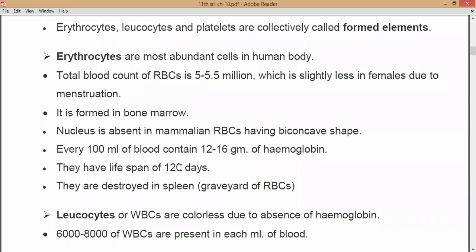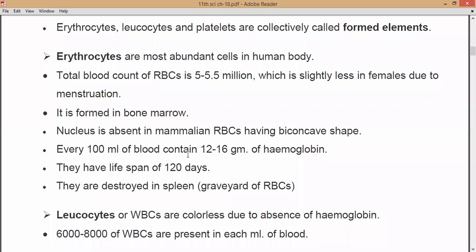First we will see about erythrocytes. Erythrocytes are the most abundant cells in the human body. As you know, erythrocytes, that is RBC, are very important for your body. The total blood count of RBC is 5 to 5.5 million, which is slightly less in females due to menstruation.